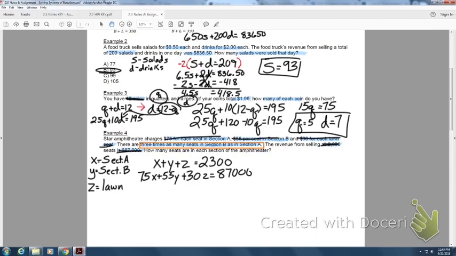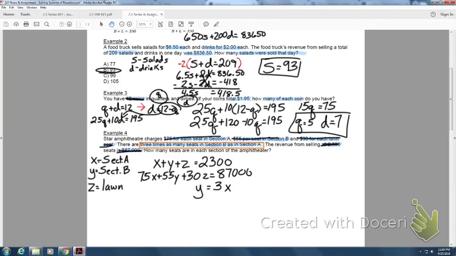If Section B has 3 times as many as Section A, which section is going to have more seats? B or A? B. So the variable that represents that needs to be by itself. And comparing that to the number in Section A, it's 3 times however many is in Section A. So if there's 5 seats in Section A, there's 15 in Section B.